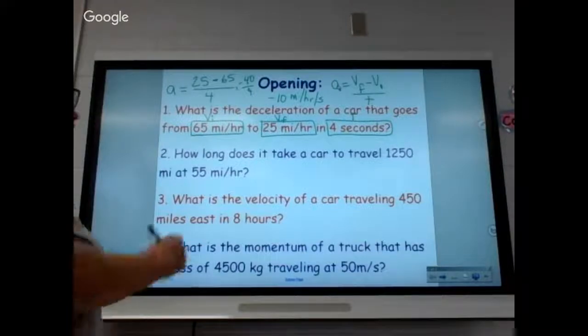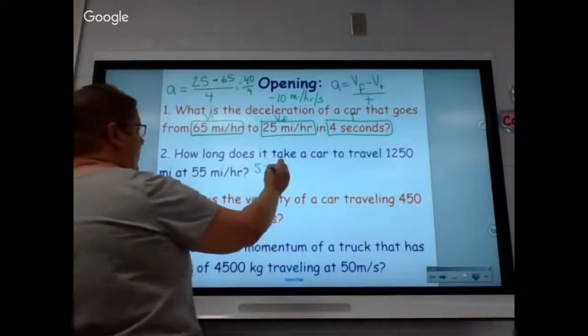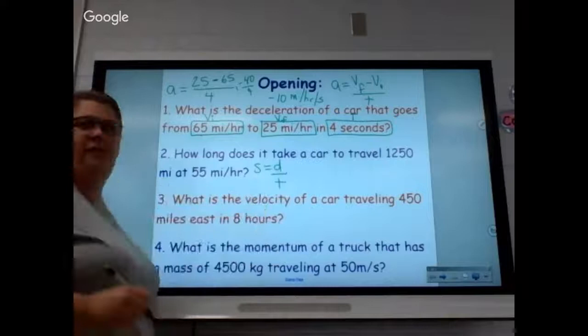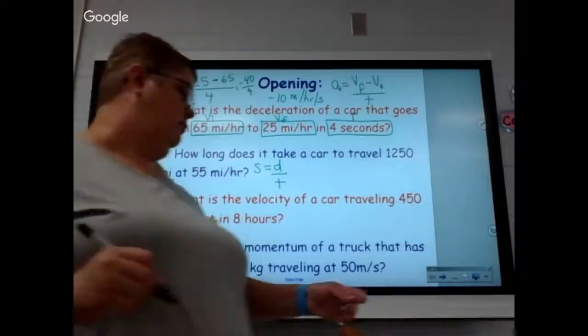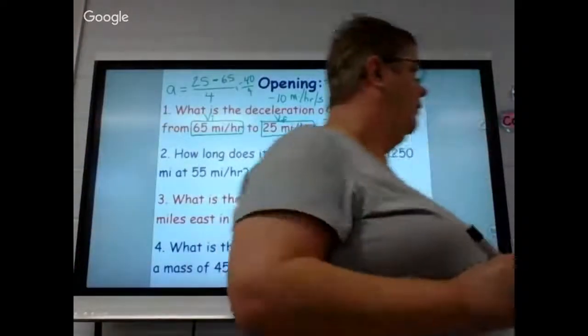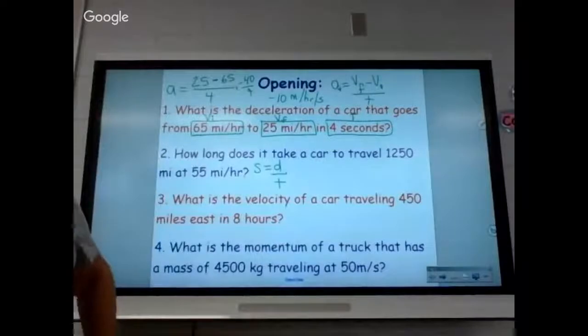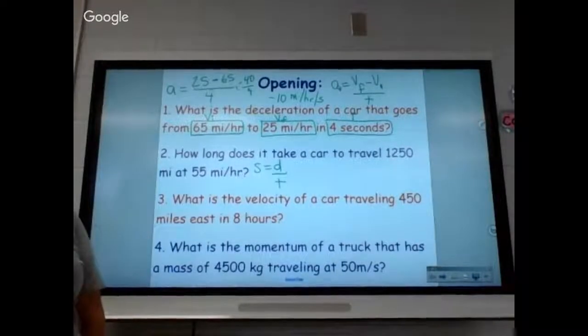Okay. So, Nathan has said speed. Is that the only formula that we could use tomorrow on the test? No, you go with the V equals D over T.